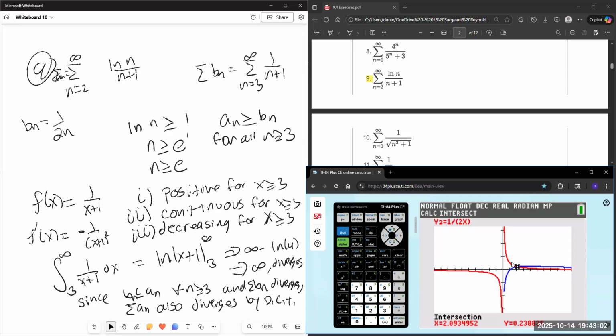There's no problem with choosing the divergent p-series 1 over 2n there. Again, I did that by making the numerator smaller and the denominator larger, both forcing a smaller series for comparison, Bn, because I knew Bn was going to be divergent. If it was related to the harmonic series here, it would go off to infinity, and that would push An off to infinity. So because I knew this was going to be divergent, I needed it to be smaller.